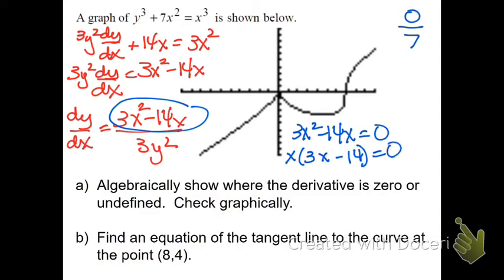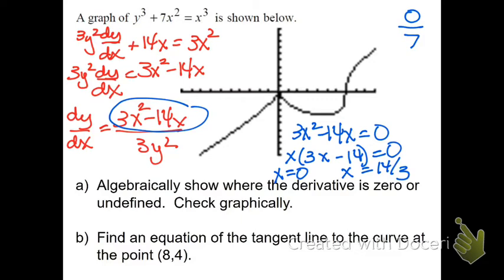Set each factor equal to 0, we get x equals 0, which is actually going to be a little off. And when we set the other one equal to 0, we get x equals 14/3. Okay, so what does that mean? 14/3 would be 4 2/3, and that's where we would have a derivative of 0.